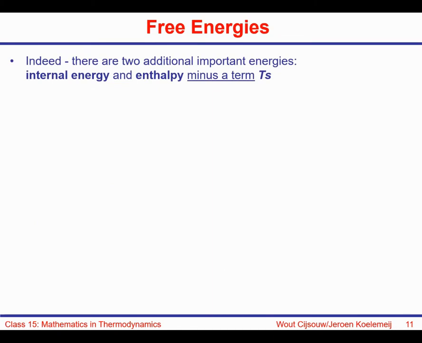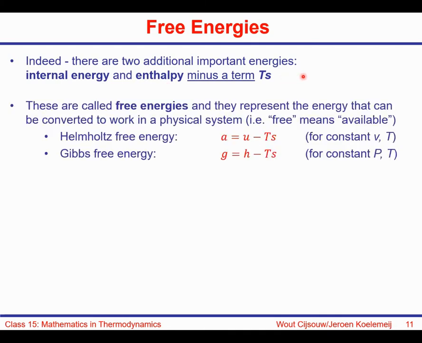And indeed, there are two additional energies which can be obtained from the internal energy and the enthalpy by subtracting the term Ts. These are the Helmholtz free energy and the Gibbs free energy.